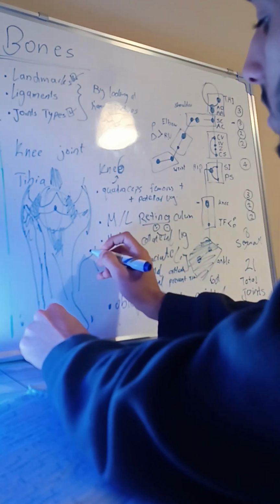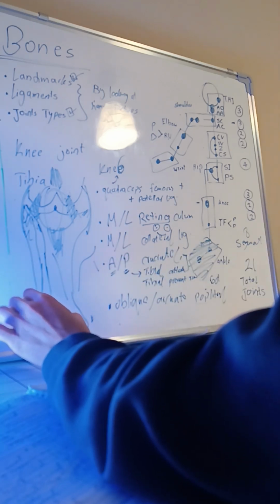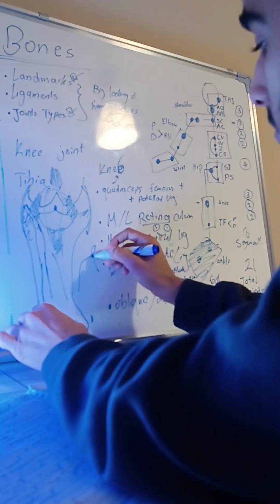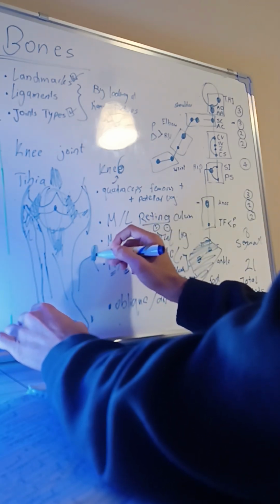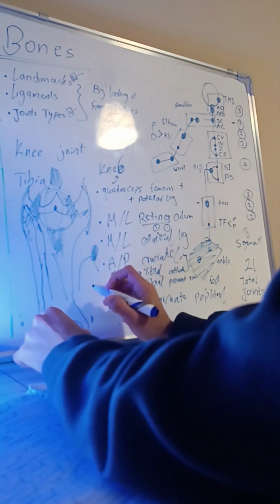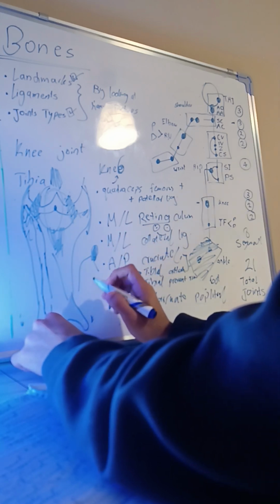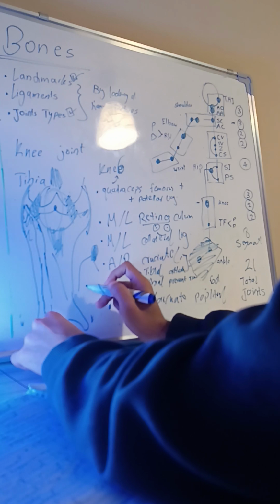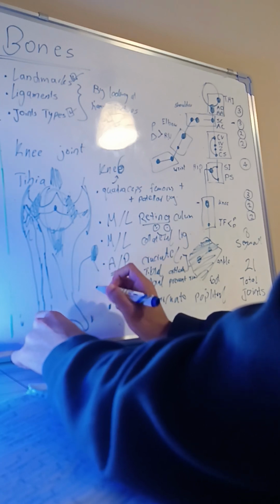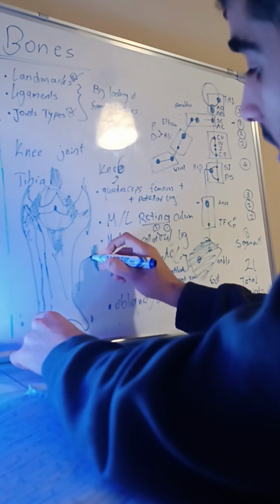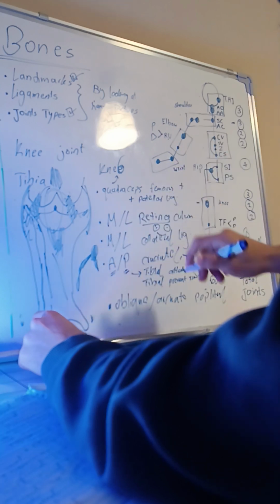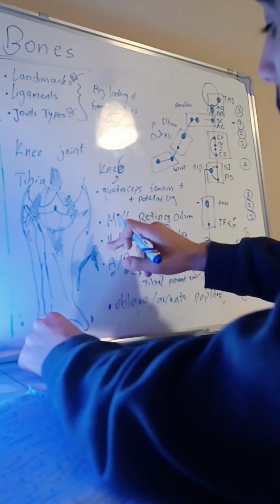So this is the medial condyle of the femur and the oblique popliteal ligament and the arcuate popliteal ligament. Okay. What else can we have? 1, 2, 3, 4, 5.